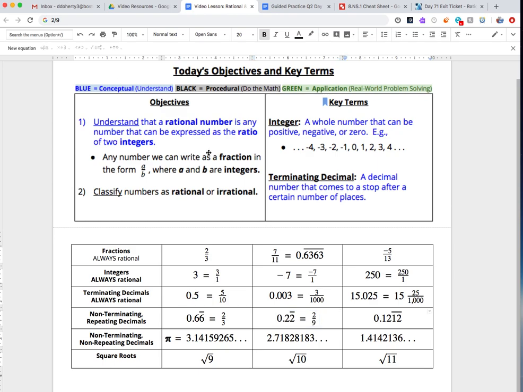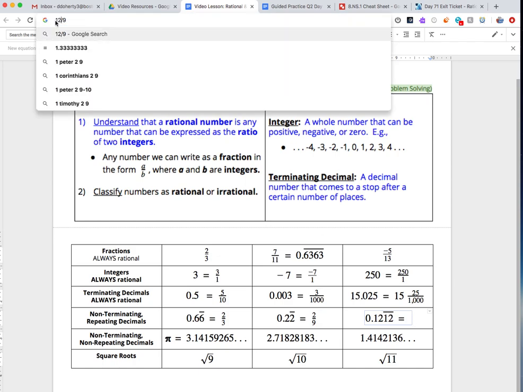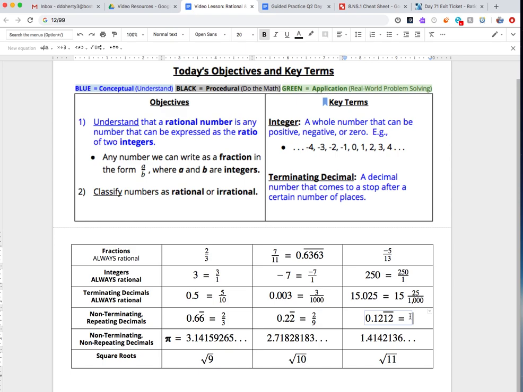The important thing, every single repeating decimal was created by some kind of fraction. Here we see that the 12 continues to repeat over and over again. It turns out that comes from the fraction 12 over 99. 1, 2, 1, 2 repeating. The important thing, every single repeating decimal, no matter how complicated it is, came from some type of fraction originally.